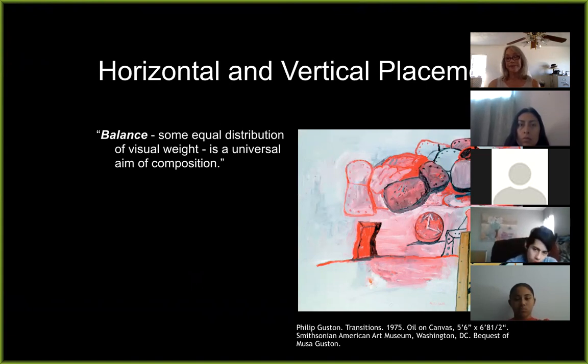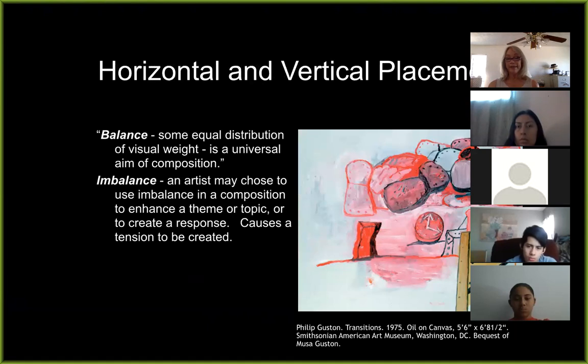Most of the time, designers especially are trying to achieve balance, but you can use imbalance very effectively if you're creating an advertisement, especially if you're working in social justice or something where you want to make people feel a little bit uncomfortable when they're looking at your work. It creates a little bit of tension.